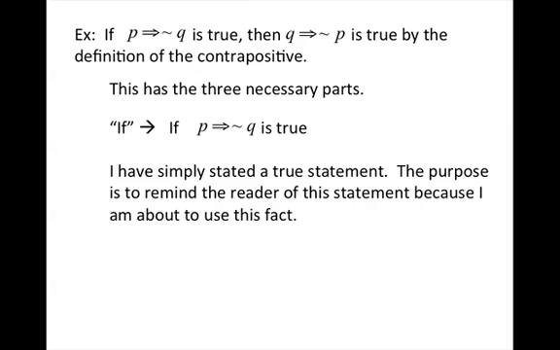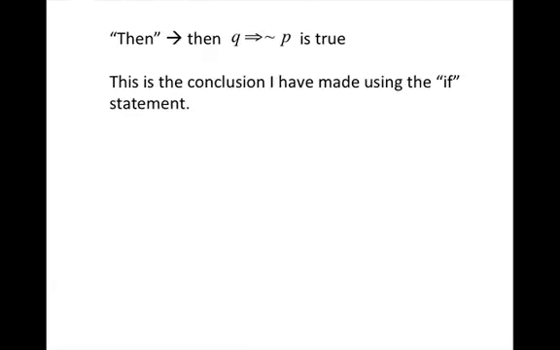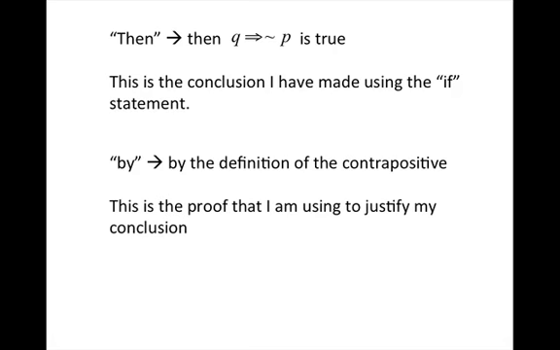P implies not Q is true. My then is what I'm concluding. I'm concluding that Q implies not P is true. And then I have to give a reason. My justification or my reason for concluding this is by the definition of the contrapositive.